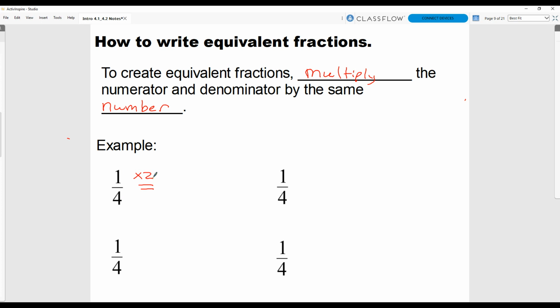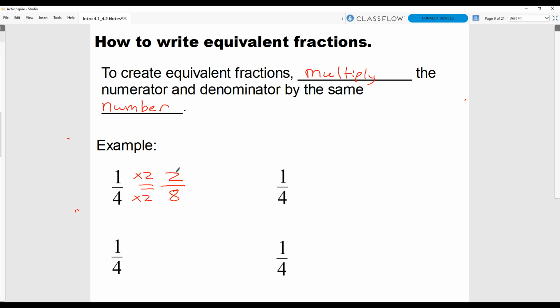So let's put a times 2 above the equal sign and below the equal sign to show that we're going to multiply the numerator by 2 and the denominator by 2. If we do that, we write our answer over here. We're going to come up with 2 over 8. And we just made our first equivalent fraction.